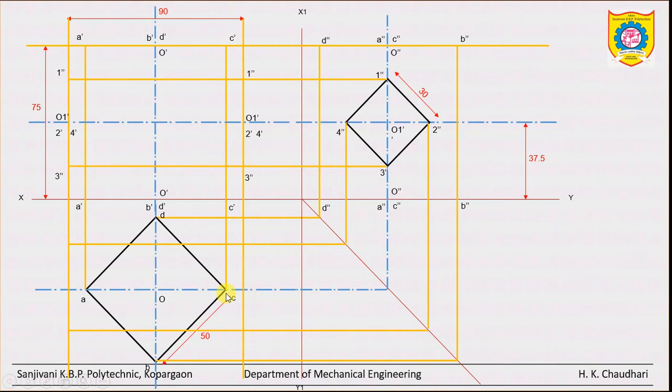Clear? And the projection taken from 1 dash, 1 double dash and 3 double dash is lying on this, and they cut the vertical edges A and C. Clear?